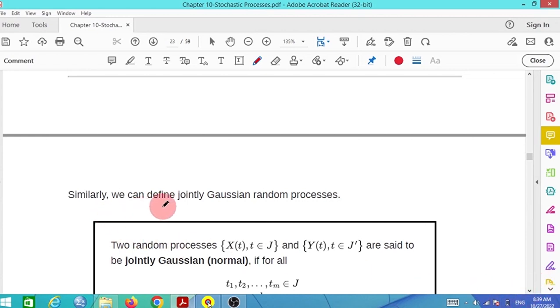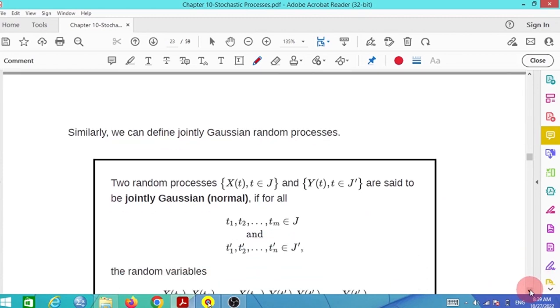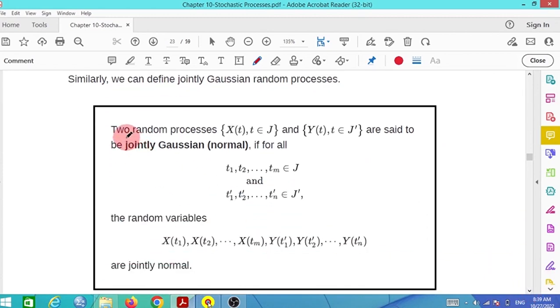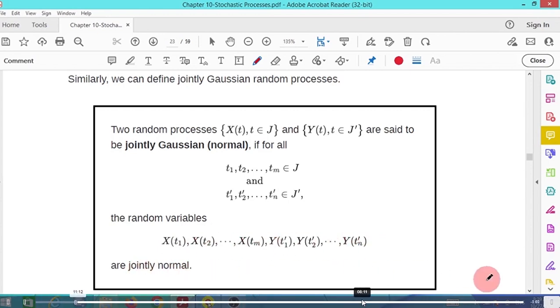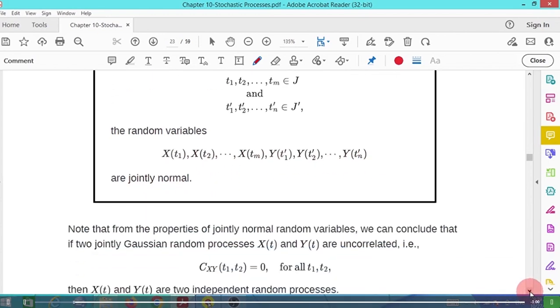Similarly, we can define jointly Gaussian random processes. Two random processes X and Y are said to be jointly Gaussian if for each t1 up to tn and t1 prime up to tn prime, the random vector of the two sets of collections is jointly normal.